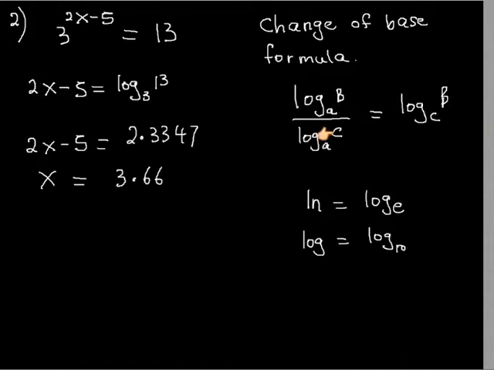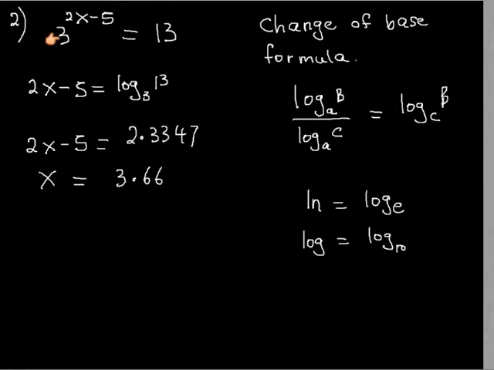Any other base is not given on your calculator, but you can use the change of base formula, and I have generically put c and b here. So if you want to calculate log base c of b, where c is neither e nor 10, then you can pick one of these bases and then say log base a of b, divided by log base a of c will give you the answer.